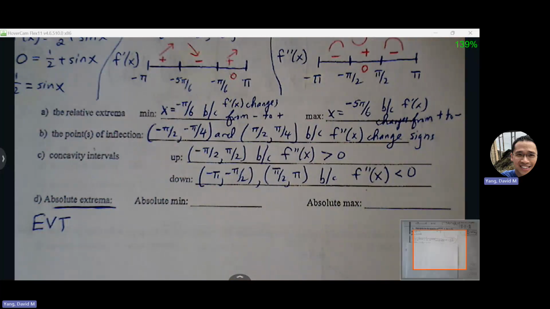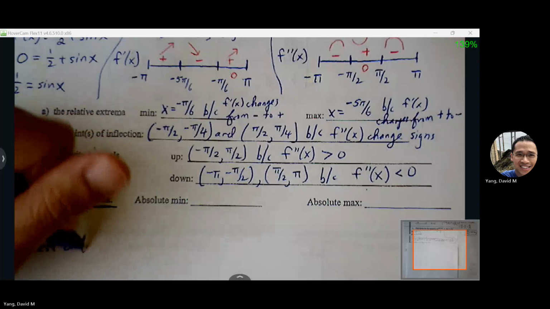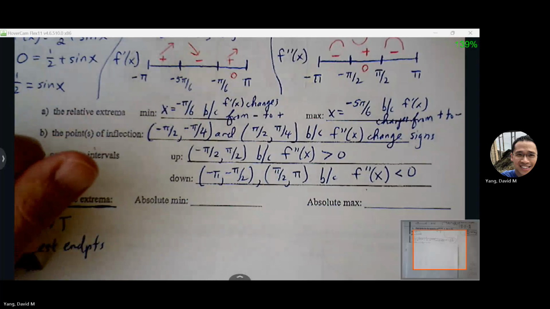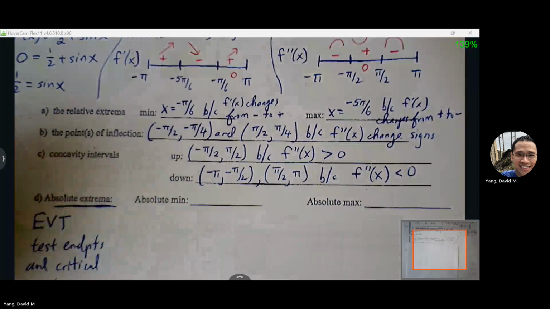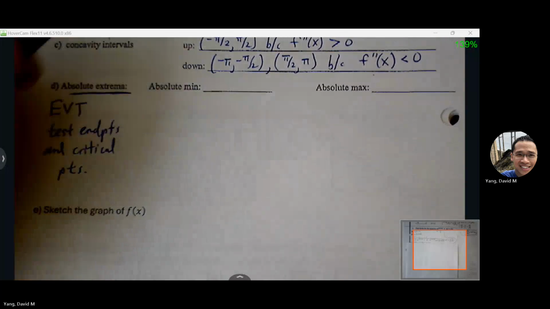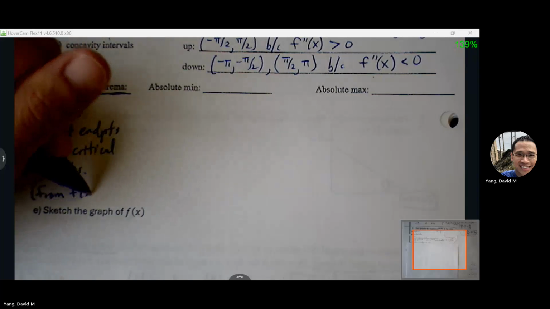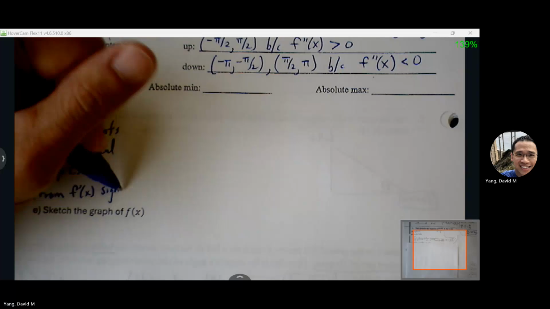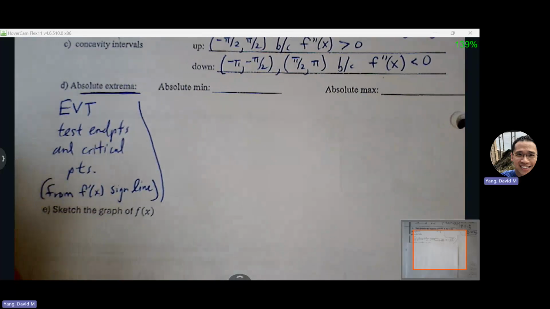After you get the exact value, you can use our calculator to get a decimal representation, so it'll be easier to compare. That's from the F prime sign line. That's all we need to consider.